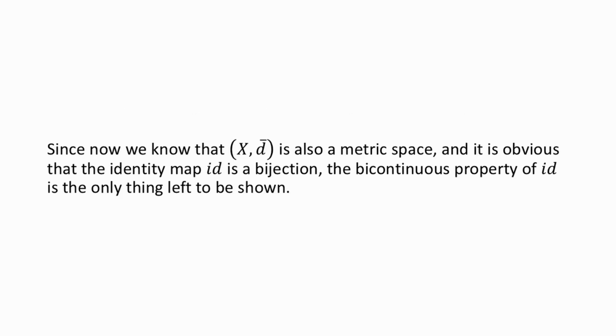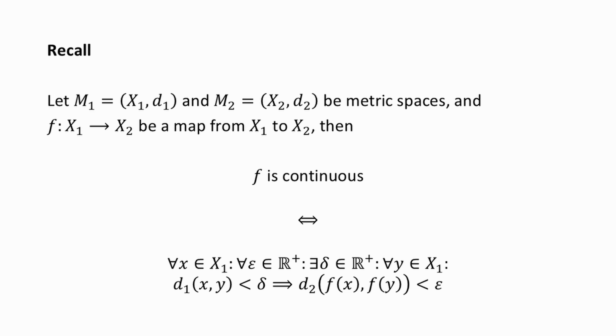Since we know that (X, d bar) is also a metric space from part 1, and it is obvious that the identity map is a bijection, the bicontinuous property of it is the only thing left to be shown. Again, we need to recall some definitions. This time is the definition of continuity, specifically continuity from one metric space to another metric space.